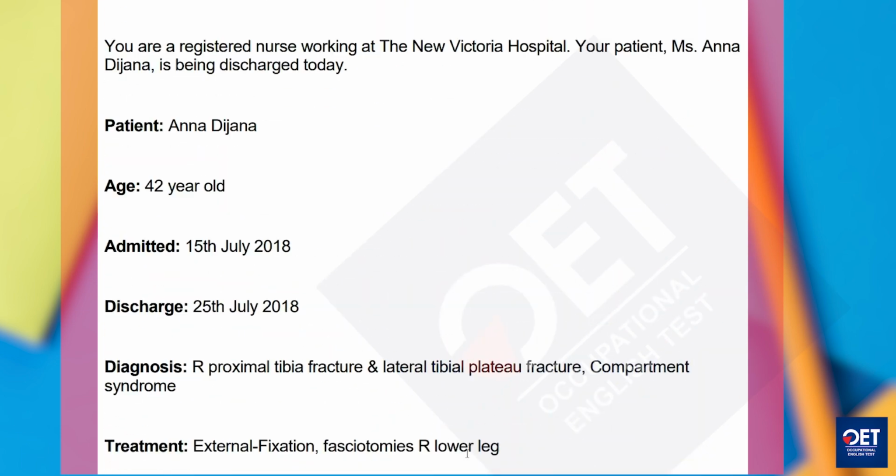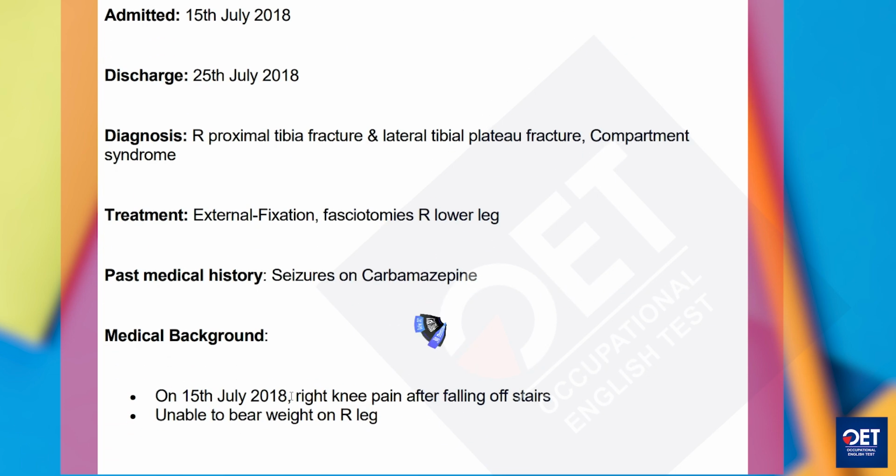Patient name Anna Dijana. Her age is 42 years old and admitted on 15th July 2018, discharged on 25th July 2018. Diagnosis is right proximal tibia fracture and lateral tibial plateau fracture, compartment syndrome. Treatment, external fixation and fasciotomies, right lower leg.